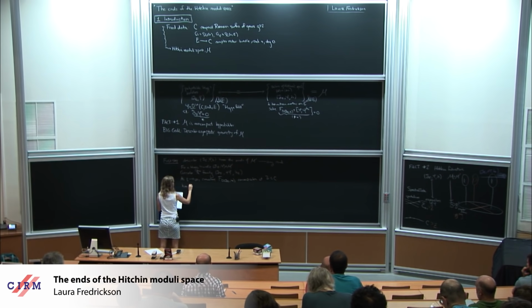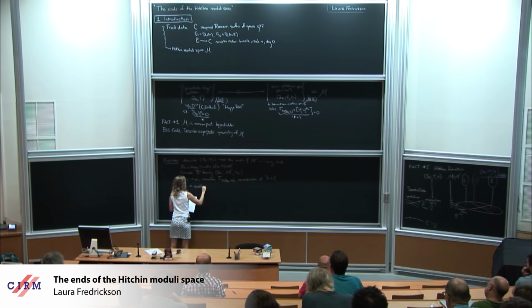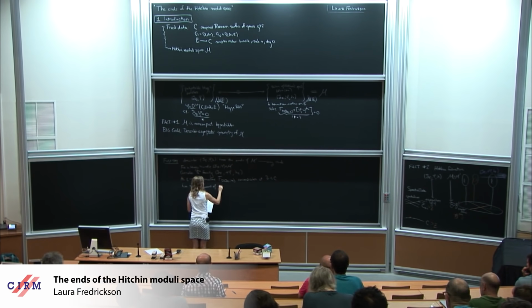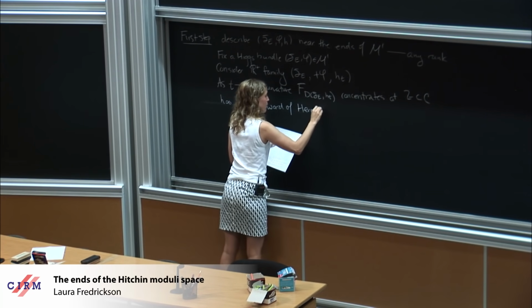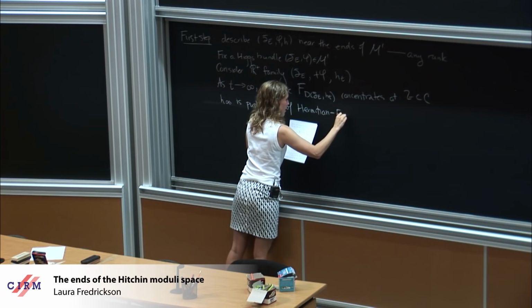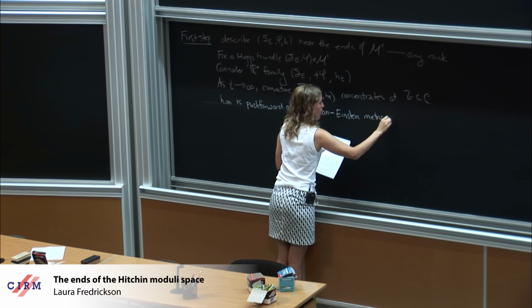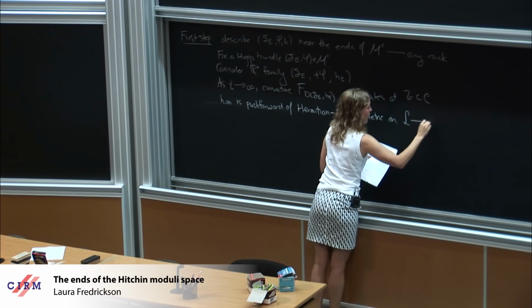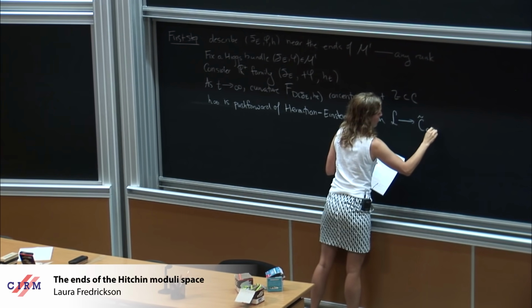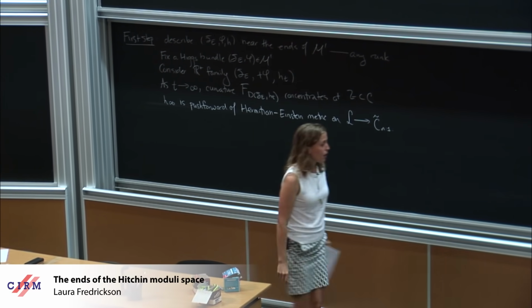So H infinity is the push forward of a Hermitian-Einstein metric on a certain line bundle, which I'll say just a word about, on the line bundle L over the spectral cover.